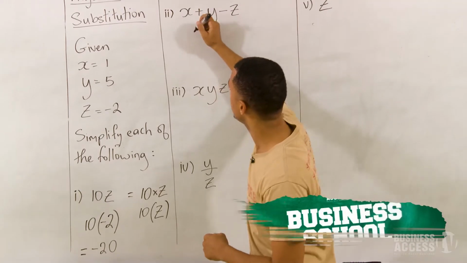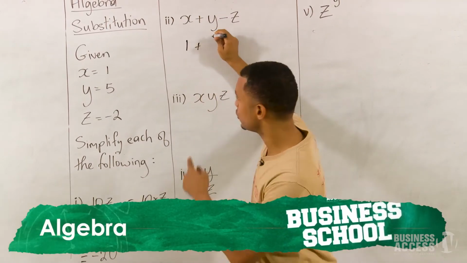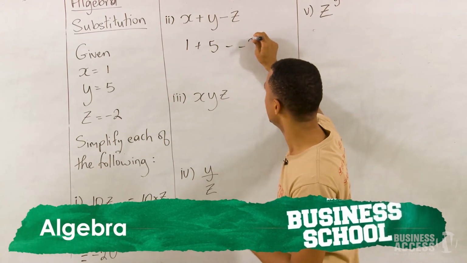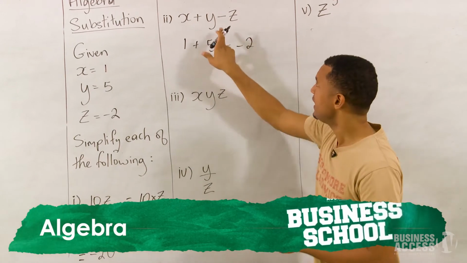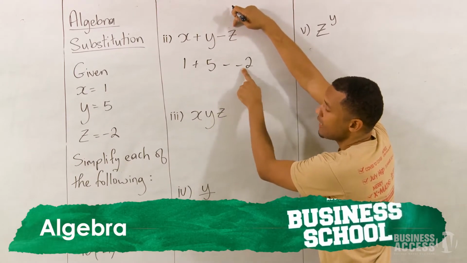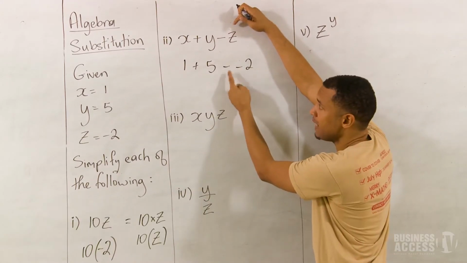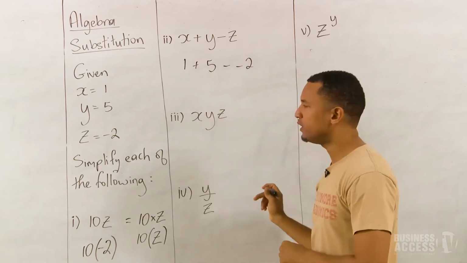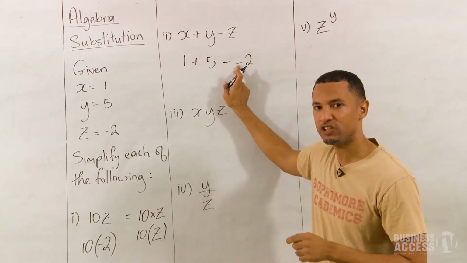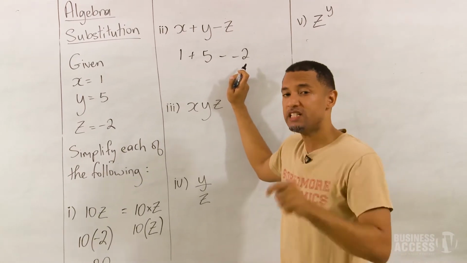Quickly, let's move on to x plus y minus z, where x is 1, y is 5, and z is -2. So it's minus z, and the z value is -2, so it's minus -2. You've learned before that when you have minus a negative, it becomes a positive. You can check it with your calculator.